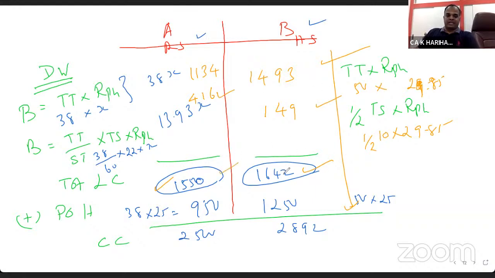Labor cost for location A, location B. Production overhead for location A, location B. So the conversion cost, this itself is the comparison. Understood? Very clear?